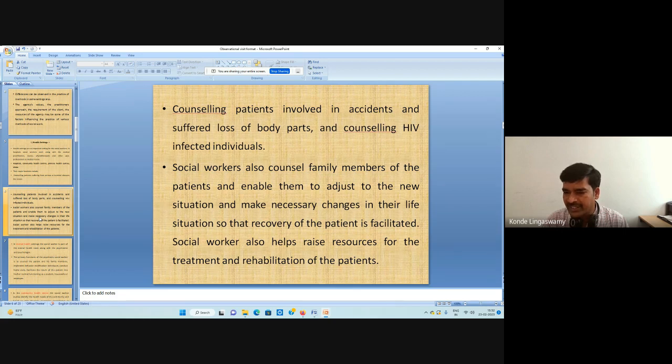On behalf of the patient, the social worker appeals to the community. Now this trend is going on. We call it crowdfunding.